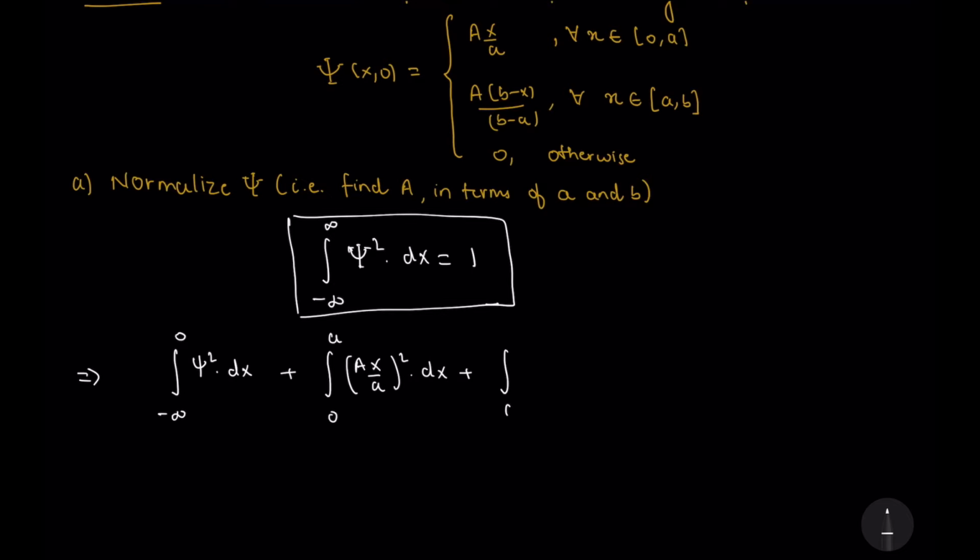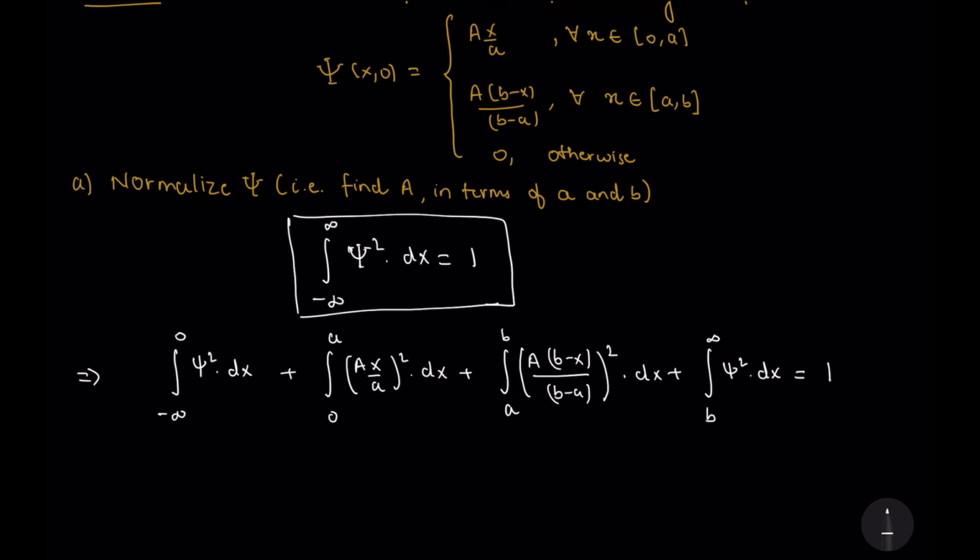Further, plus from a to b, I have a times (b minus x) upon (b minus a), squared, dx, plus the integral from b to infinity of the wave function squared dx, and this whole thing goes to 1.